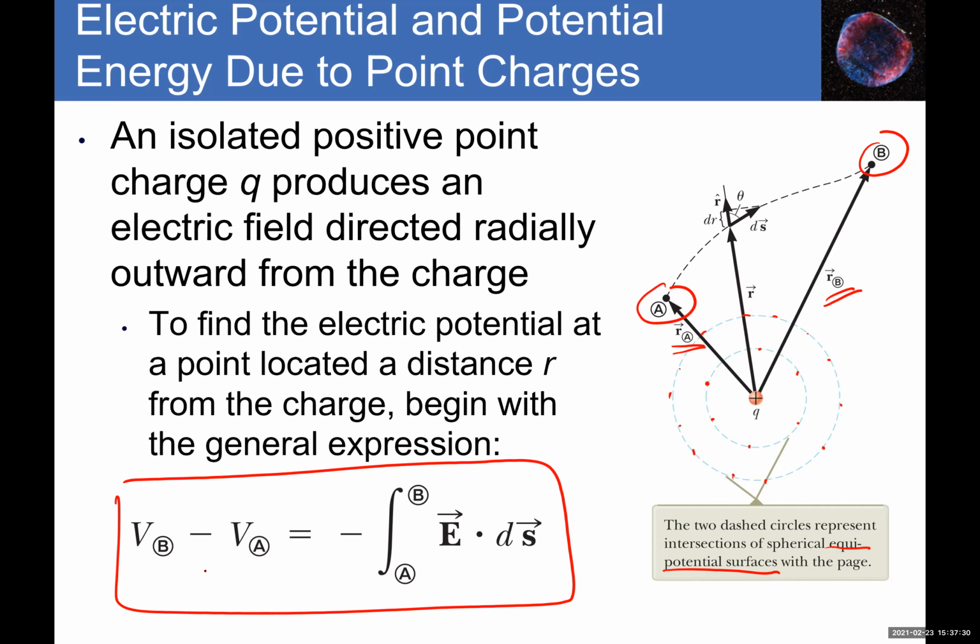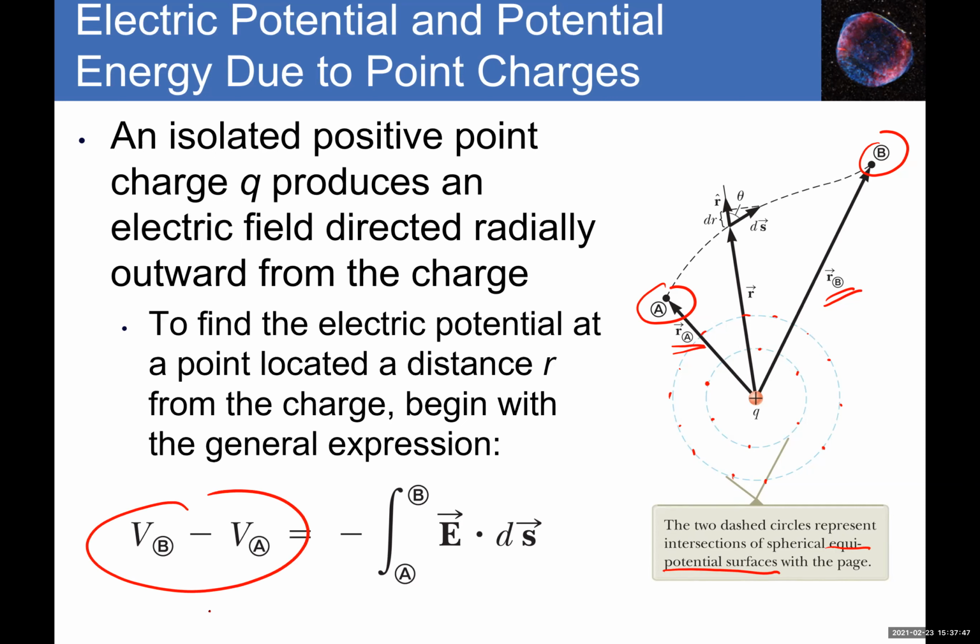That means, using this equation, V_B minus V_A equals the negative of the integral going from point A to point B of E dot ds. As soon as I bring a test charge to point A, and then move that test charge from point A to point B, I can use the left side of the equation, delta V, to calculate the change in potential energy by multiplying by q naught.